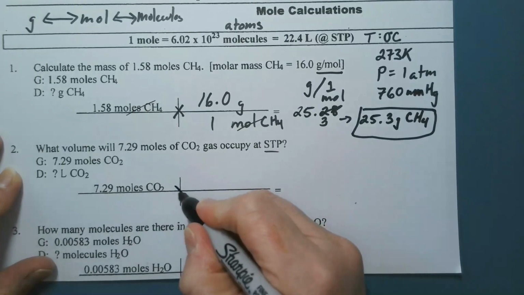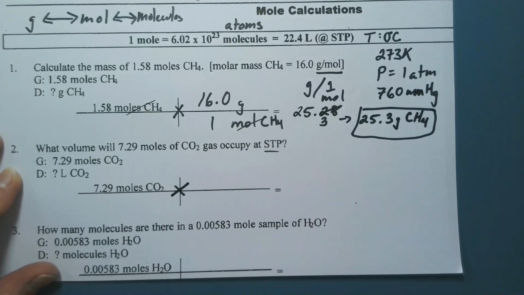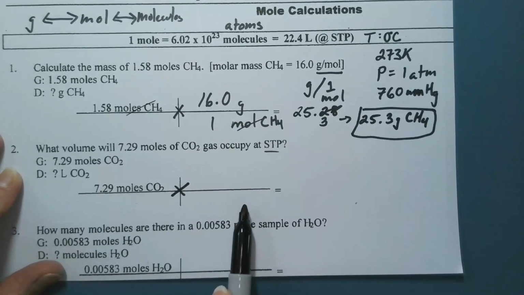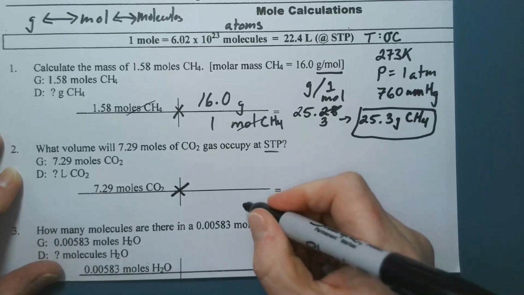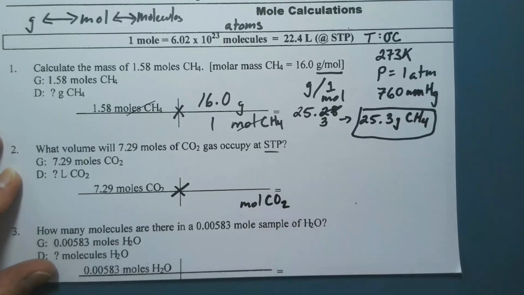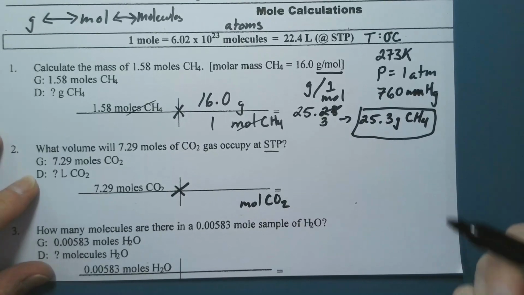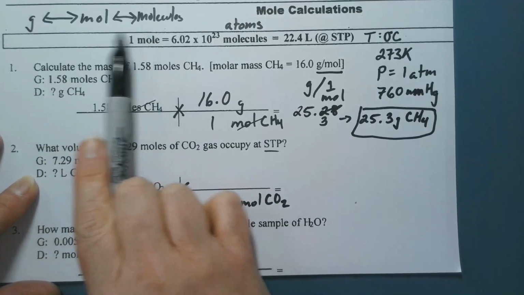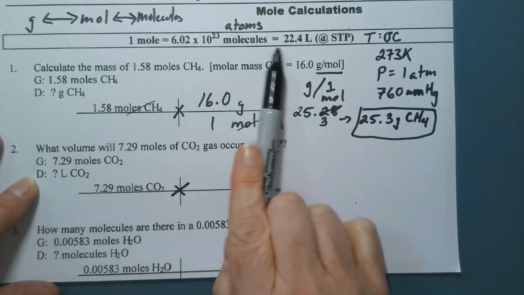Okay, remember this is our multiply for our two fractions. Now I need to cancel moles of CO2 out. So I'm going to write that first across from it here in the denominator. Okay, and then they want me to go to liters. Now up in our mole map, we can go directly from moles to liters.